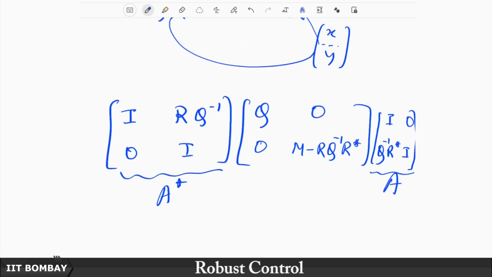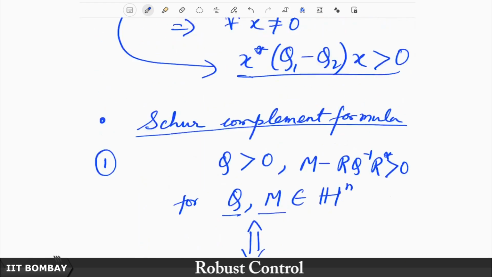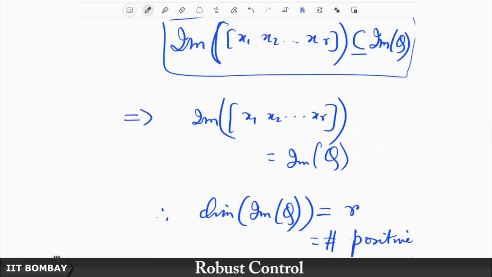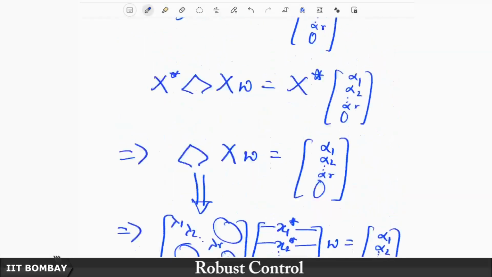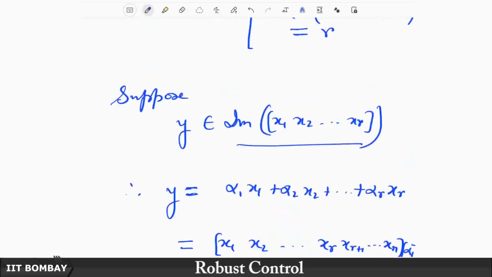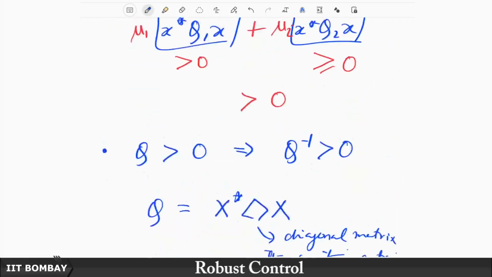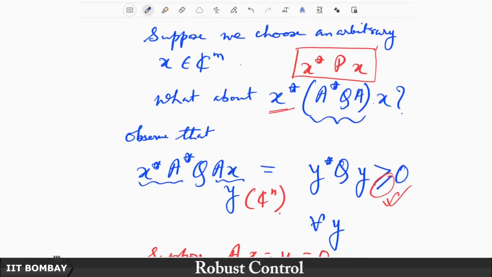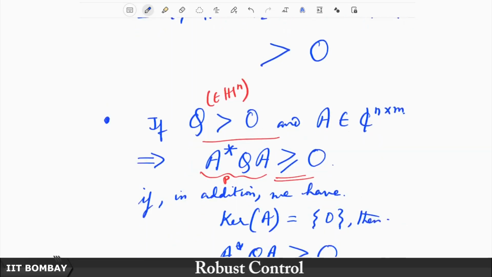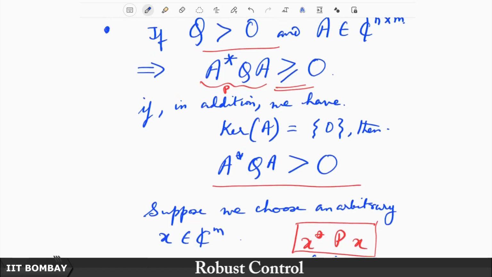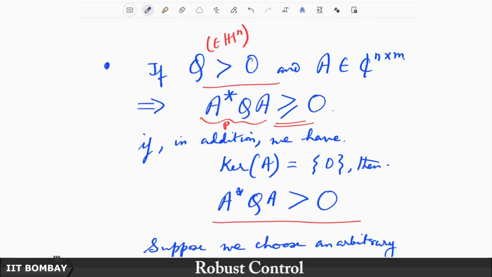And just recall a while ago towards the beginning of this lecture, what have we seen? One of the important results about positive definite matrices. We have already seen this result that if you have Q, which is a positive definite matrix, then A Hermitian Q A is going to be at least positive semi definite.